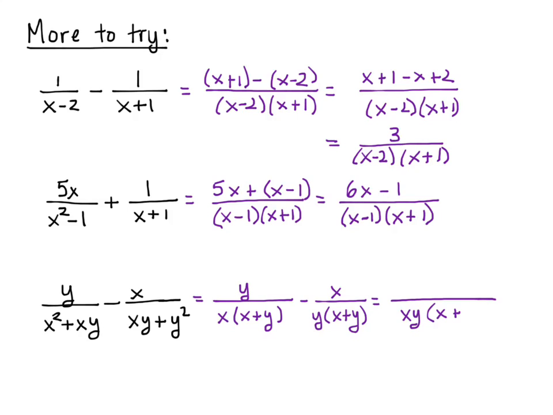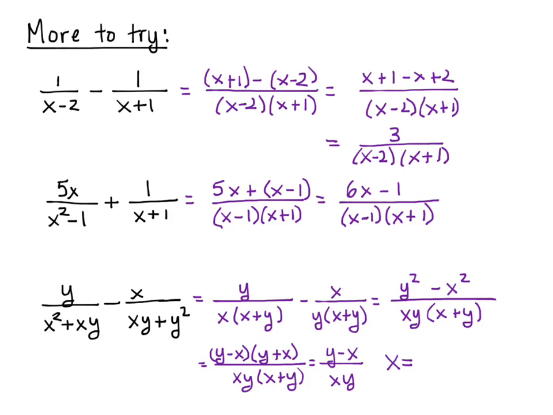So our common denominator is going to be xy, x plus y. Since we had to multiply this one by x, we have to multiply that x times x.